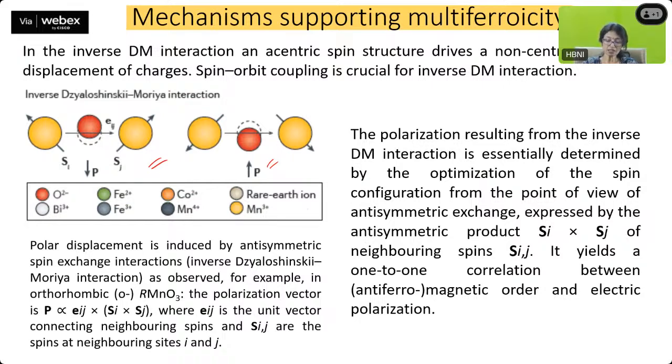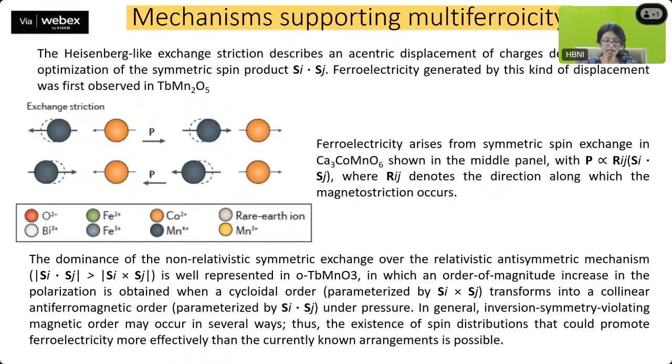So the inverse DM interaction is the most intensively studied microscopic mechanism that leads to magnetically driven ferroelectricity. But obviously, this is not the only interaction. There are other spin-driven mechanisms also. One is the Heisenberg-like exchange striction.